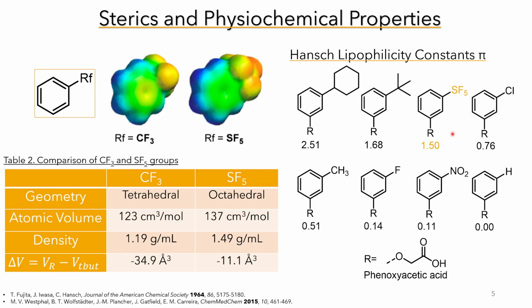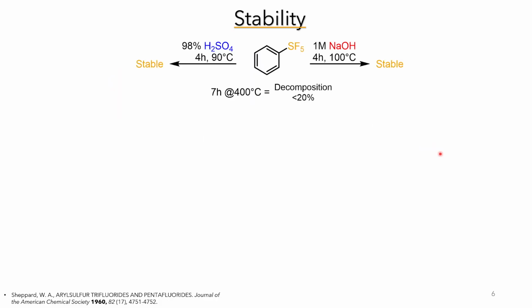And we see here that the SF5 is actually quite lipophilic, similar to the tert-butyl group. More similar functional groups with electron withdrawing properties, like the nitro, are nowhere near as lipophilic as SF5. So it is very, very strongly electron withdrawing, very lipophilic, and also quite stable.